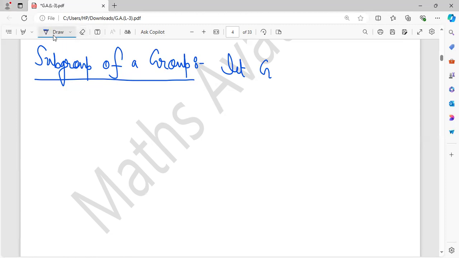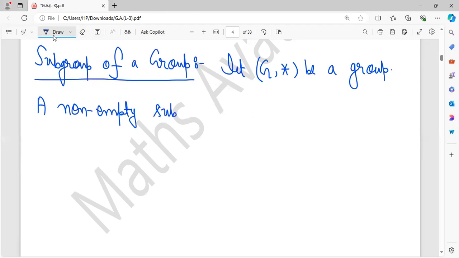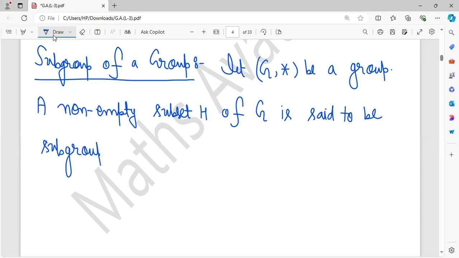Let (G, star) be a group. A non-empty subset H of G is said to be a subgroup of group G if H with the same operation star is a group.